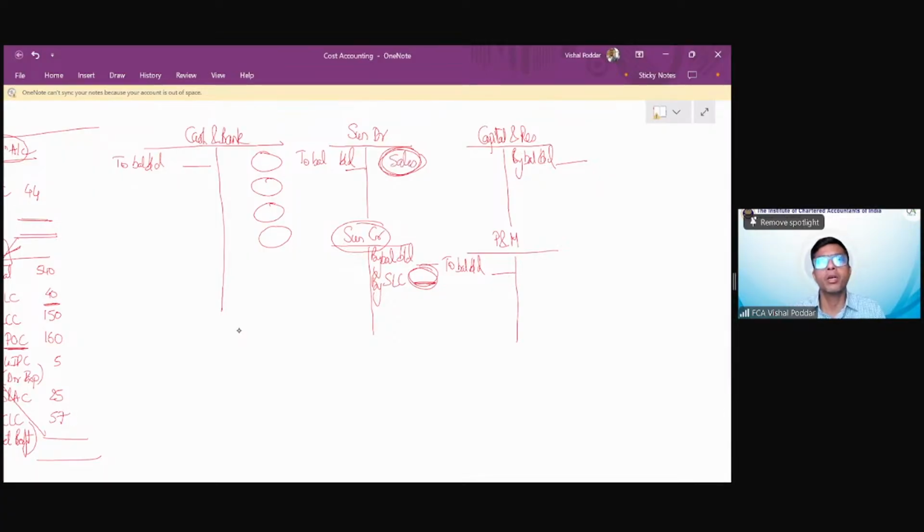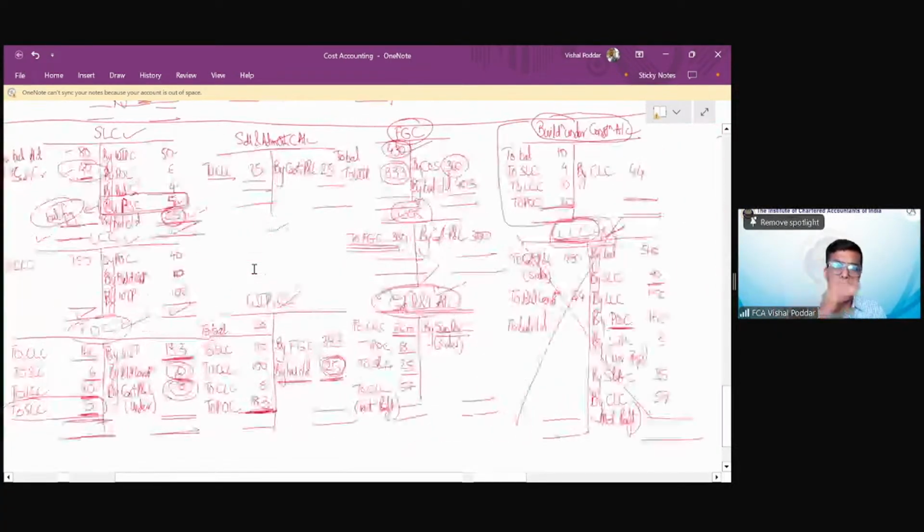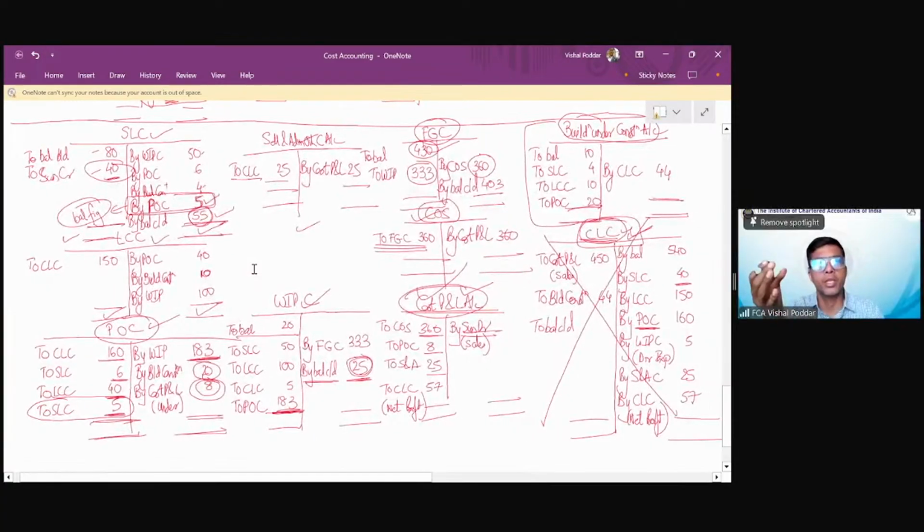So this would be the only difference. Otherwise, all internal entries like of expenses charging or overheads transferring, overheads charging, product transferred from one account to another, all remain same under integrated and non-integrated. So student, these are the entries for the integrated accounting.